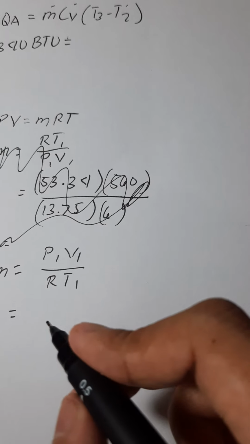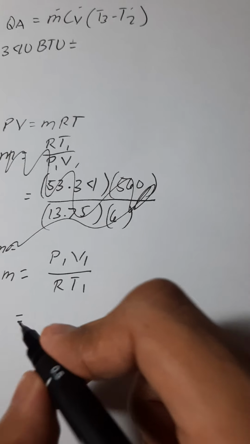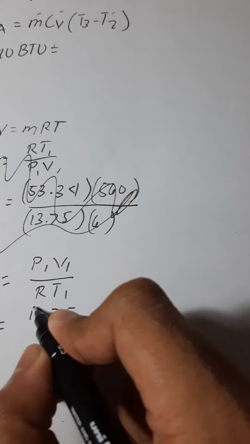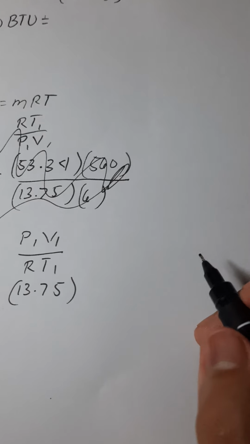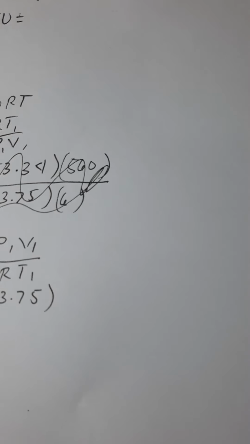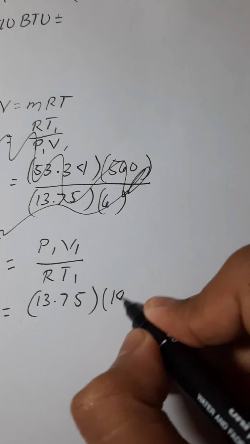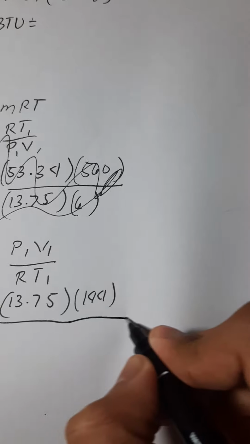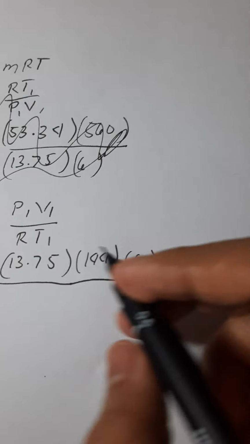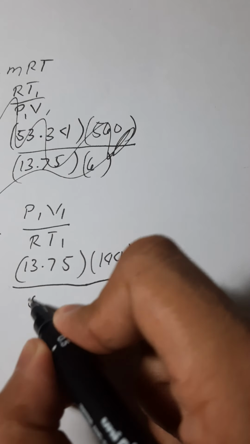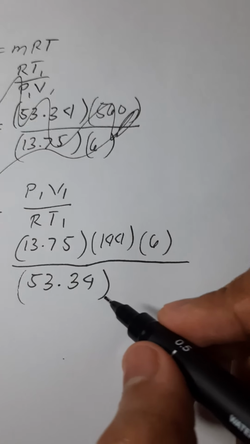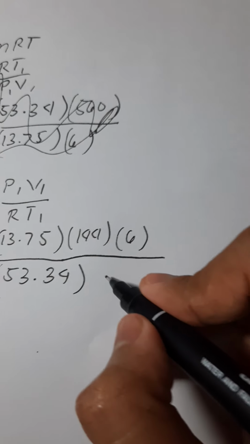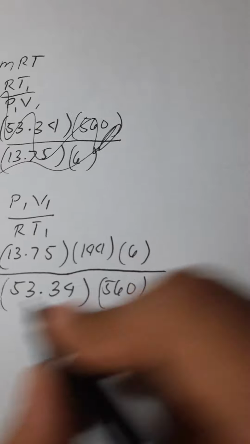M is equals to pressure 1, which is 13.75. We convert this into pound per square feet, so we times by 144. The volume is 6 cubic feet. Then the R of the air is 53.34, and the temperature 1 is actually 570 Rankine.